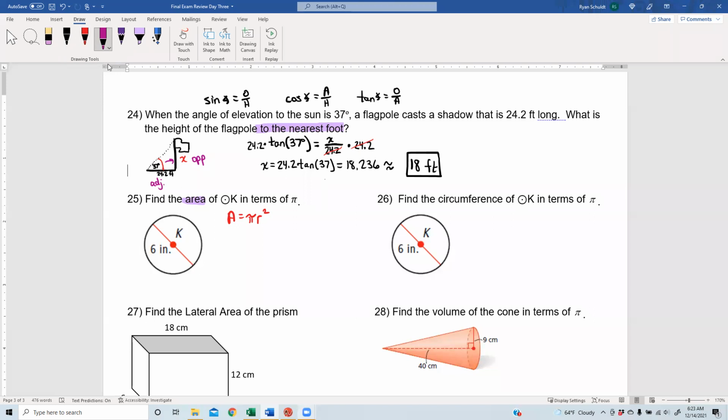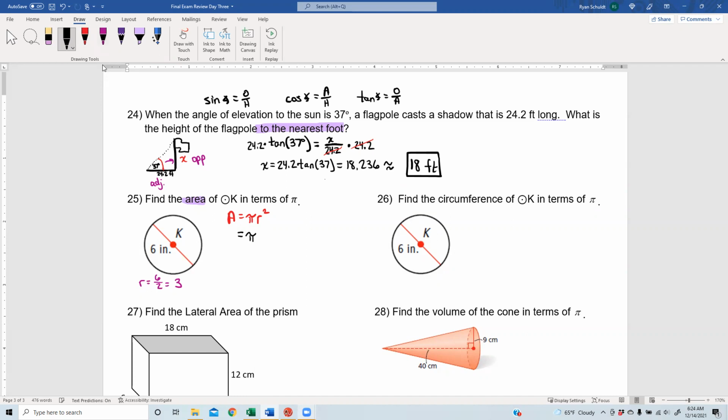Don't try to plug 6 in. You're not going to get the right answer. That is our circumference. Not, what am I saying? That's our diameter. To get the radius, I do 6 divided by 2, and that gives me 3. Radius is 3. That's what I plug in here.